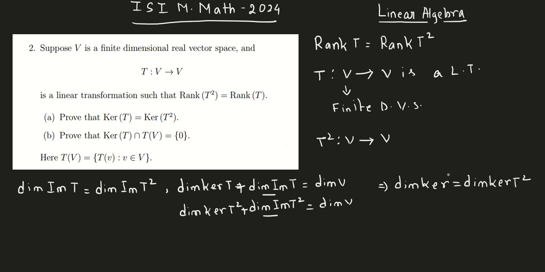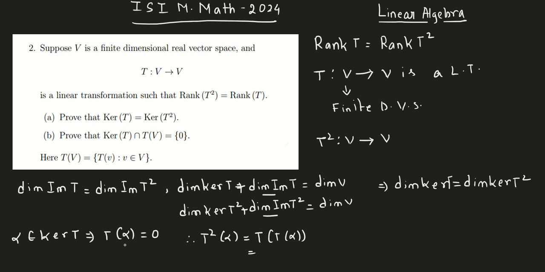You also need to observe that ker T and ker T squared are two subspaces of V having the same dimension. Now let us choose a vector alpha belonging to ker T. By definition of kernel of a linear transformation, T of alpha is equal to the zero vector. Now let us check the value of T squared alpha. T squared alpha means T of T alpha.